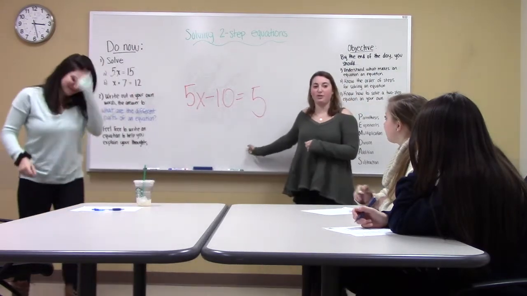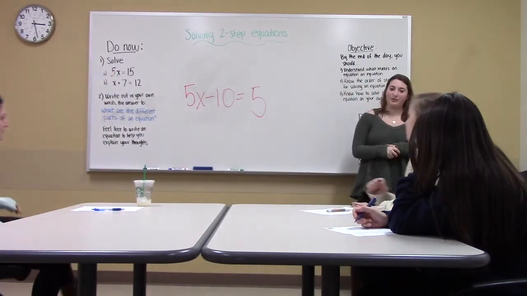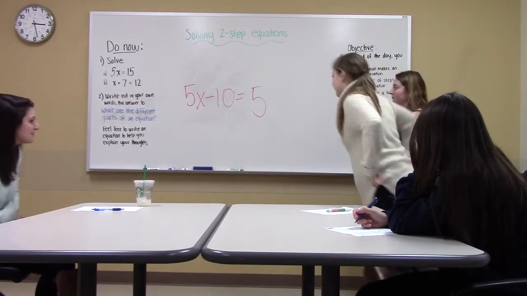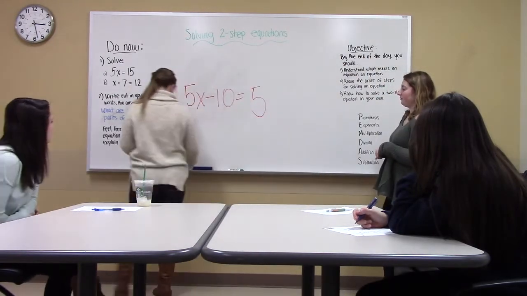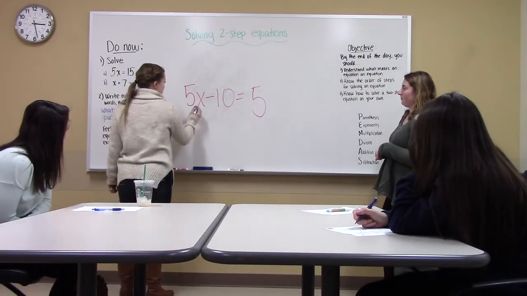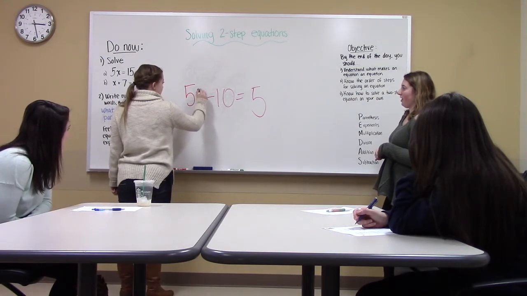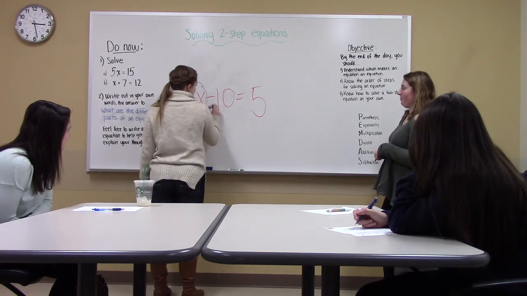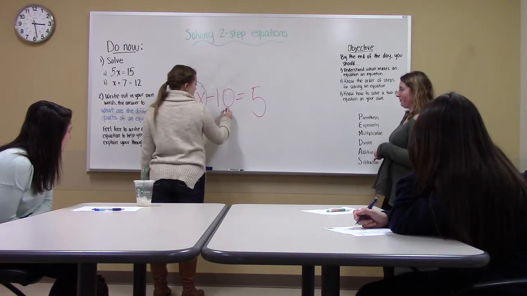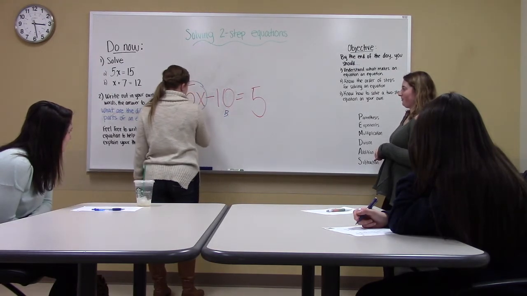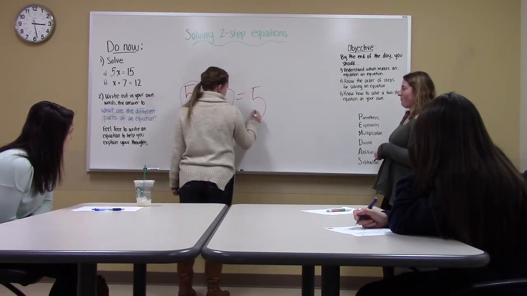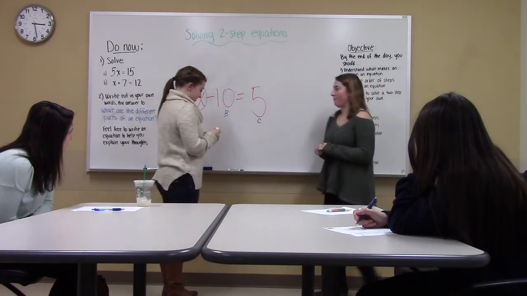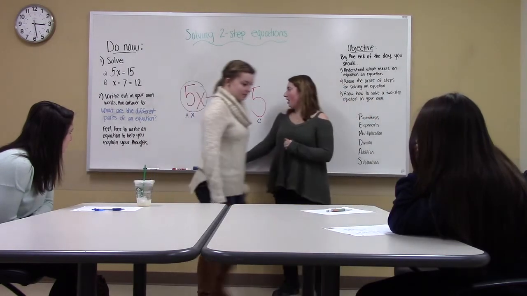Joe, do you want to come up and circle the different parts of the equation that we see? Okay, so this is a multiplication. Yep. And that's A. Multiplication. And this is the subtraction. Yep. And then that would be B. And then this would be C. Yep. And that's the equal sign. Awesome.